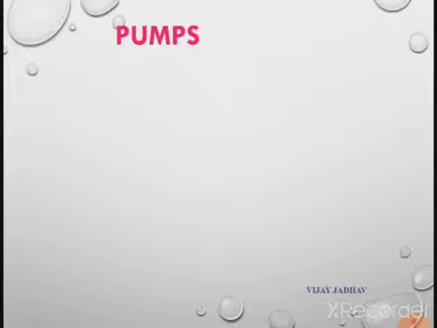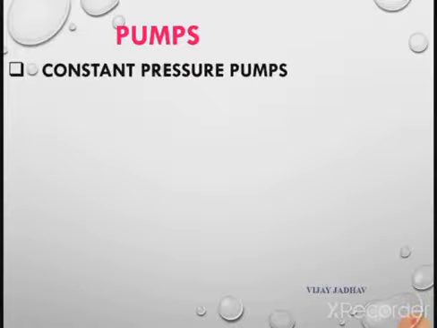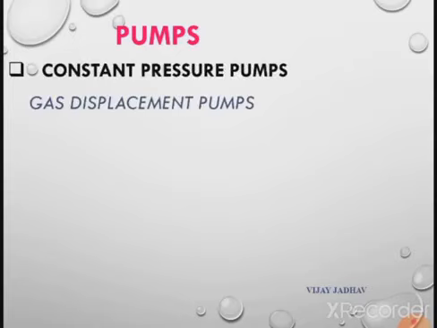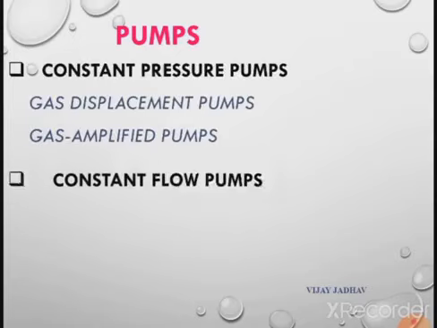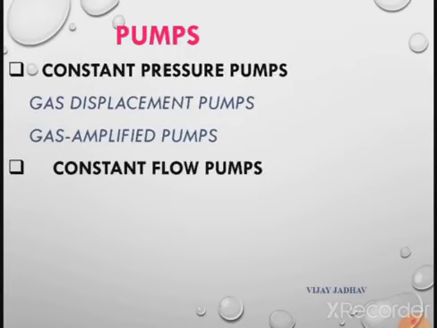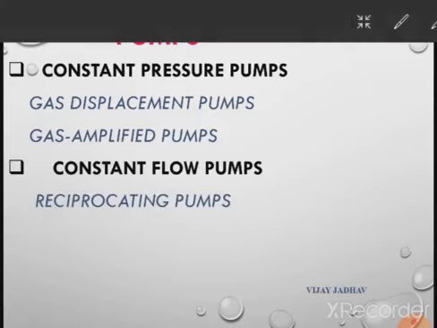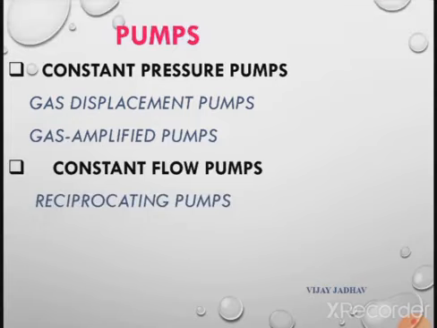Then the next type of pump is the constant flow pumps. As we know, the constant flow pumps are the reciprocating pumps, syringe type pumps, and series type pumps. So these are the two major types of pump.